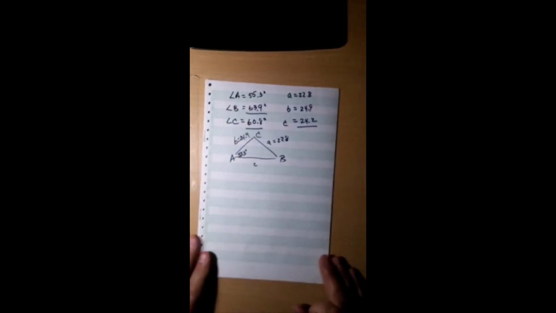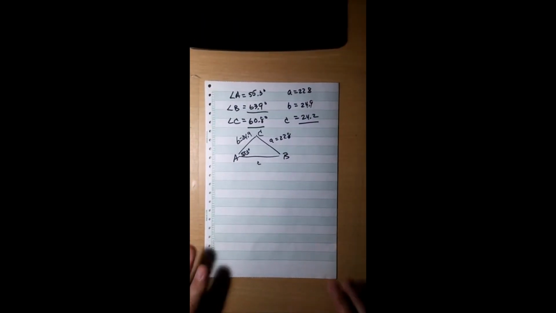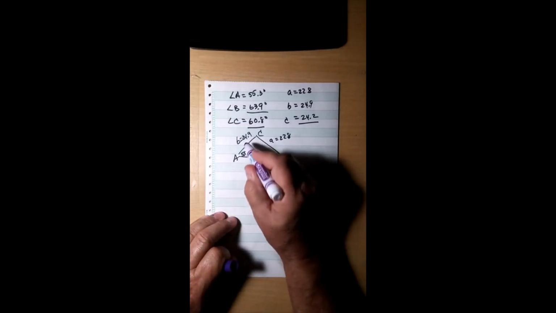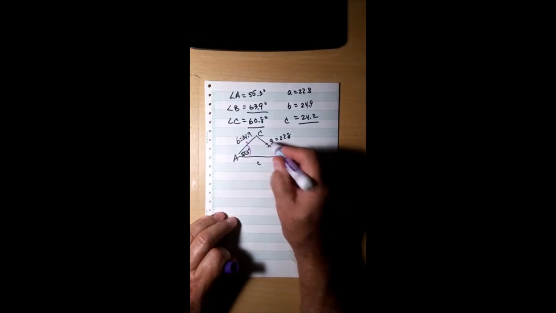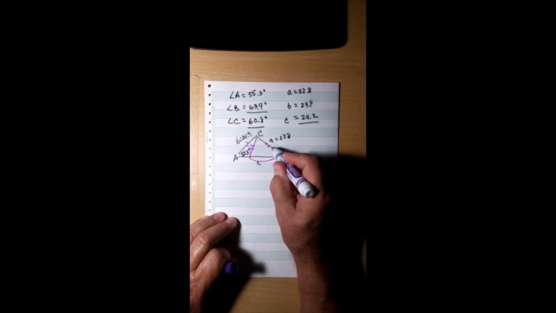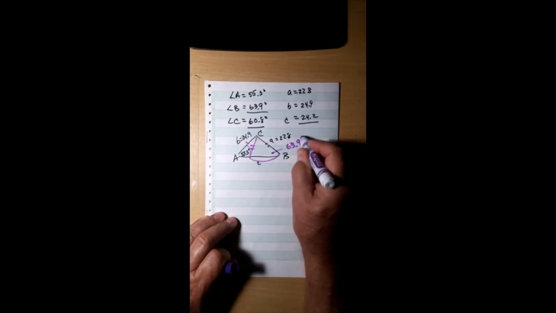Now, we found one, we need to look for a second one. So this is our triangle from the previous page. If we have a second one, remember, this angle's locked in, this side's locked in, and this side's locked in. But we can swing this over so that that side and that side are the same. This angle B was the 63.9.